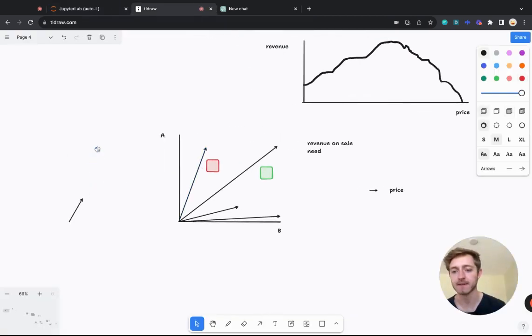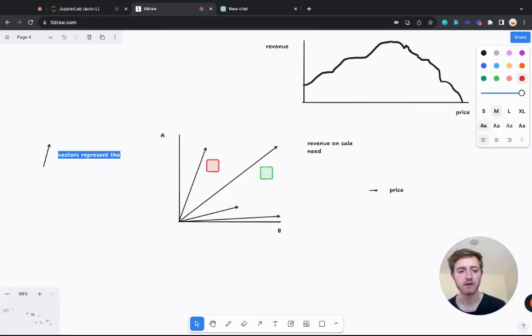So let's write some documentation that says vectors. Why is it always in that form? It's really annoying. The vectors represent the valuation of a player.